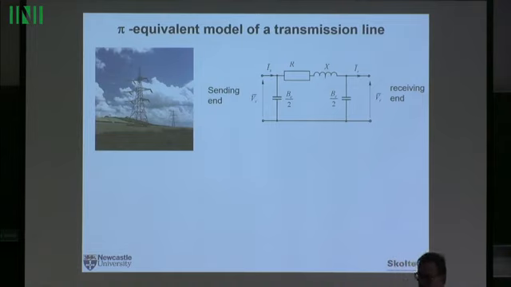Because it's AC, you will have inductive effects and you will have a capacitive effect. That means that the full model of the transmission line will have resistance, which is obvious because it's a wire, it will heat up, it will have inductance, and it will have capacitance.